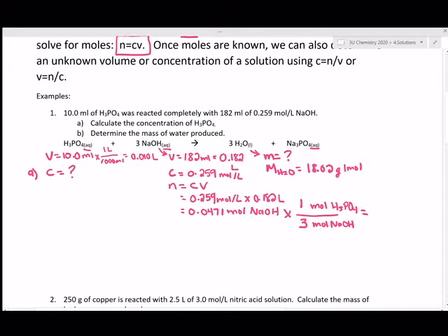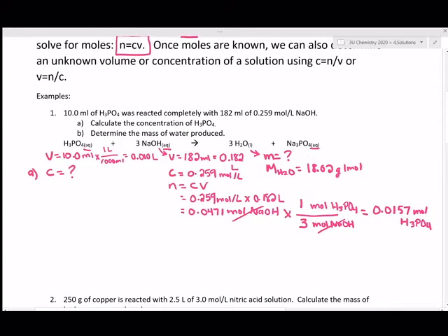So solving that, moles of sodium hydroxide are going to go away, and I'm going to magically turn it into moles of phosphoric acid, which will be 0.0157 moles of the acid.